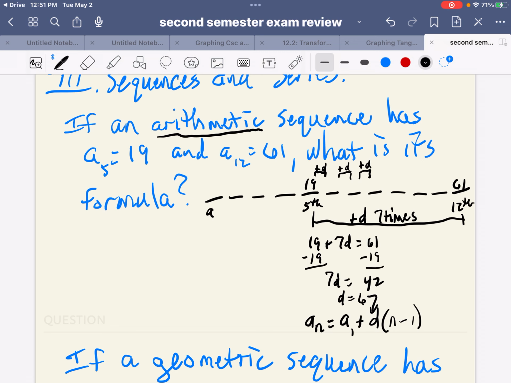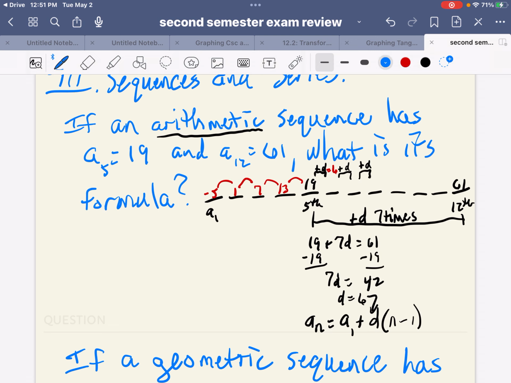So here's term 1. Well, now that I know that D is 6, can I go minus 6 is 13, minus 6 is 7, minus 6 is 1, minus 6 is negative 5. So I can go back and find that the first term is negative 5.